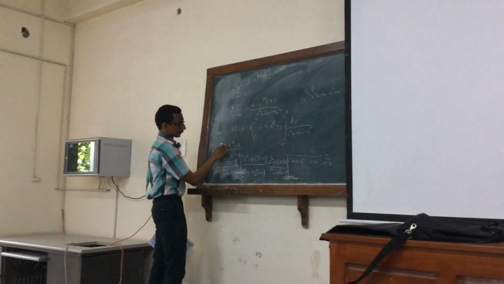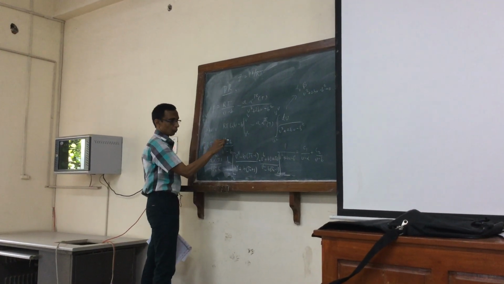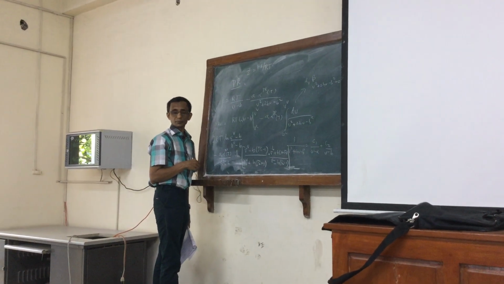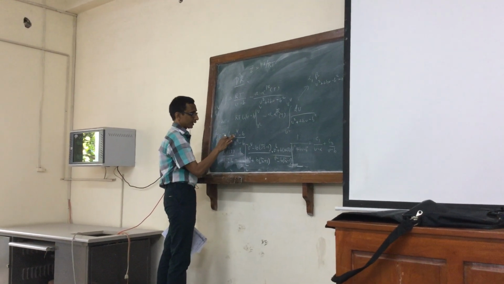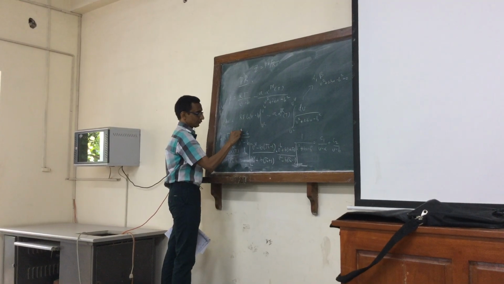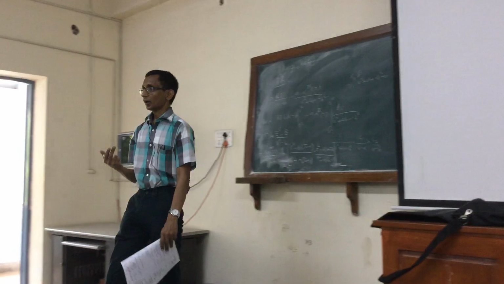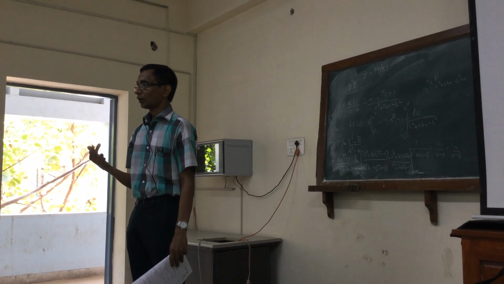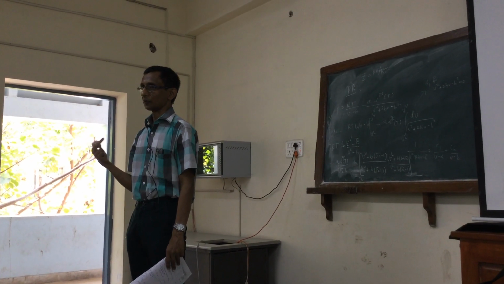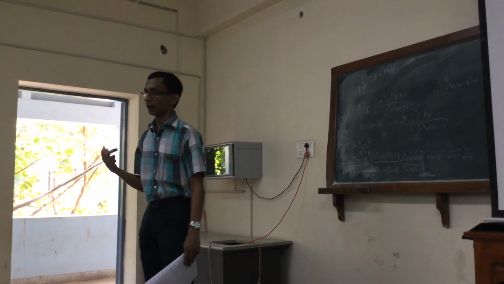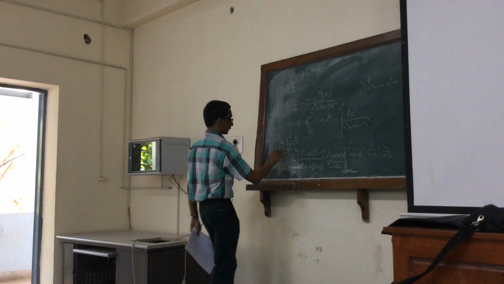So I can write this by multiplying both the numerator and denominator by P over RT. I can write this as ZV minus capital B, which we have already introduced as one of the coefficients of the cubic equation in terms of the compressibility factor. That is simply the small b times P over RT.